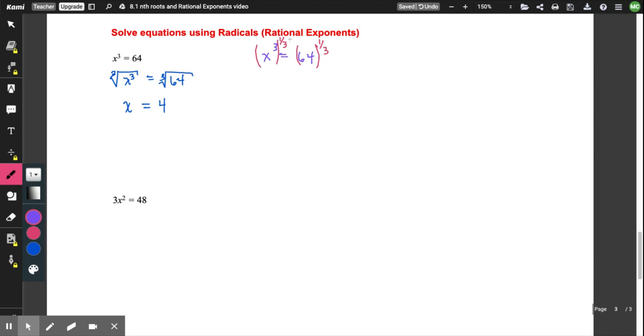So x to the third to the 1/3, the rule there is you multiply those powers together, so you would get just x. On the right, I'd have 64 to the 1/3 power, which I would probably then go ahead and rewrite as a third root. And then I would just evaluate. The third root of 64 is 4. So either way, I get the same result.